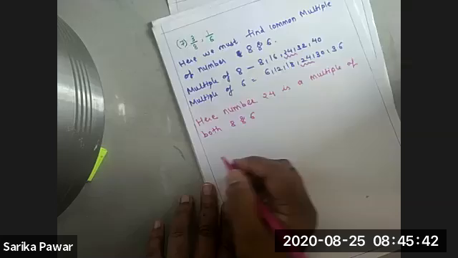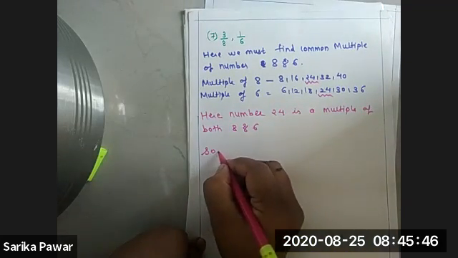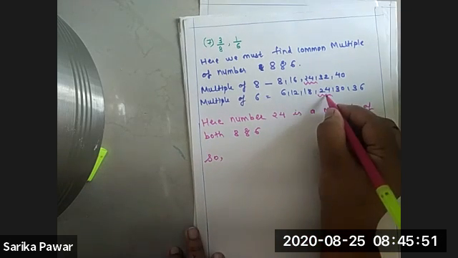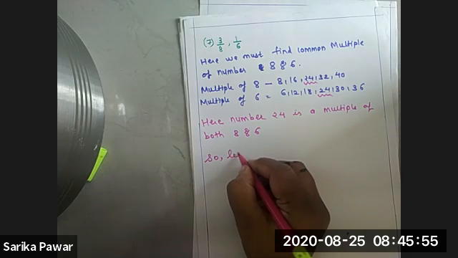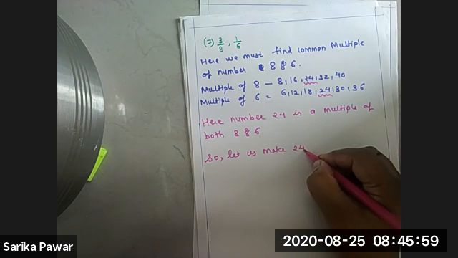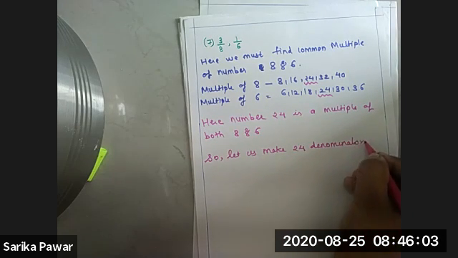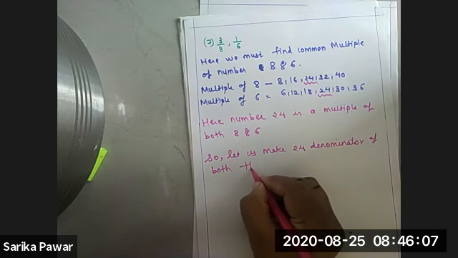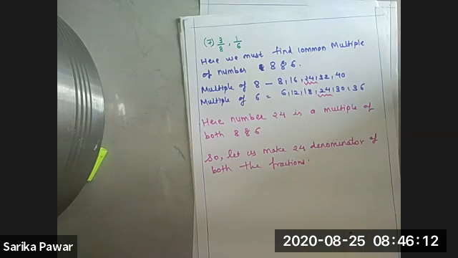Right? So let us make 24 the denominator of both the fractions.